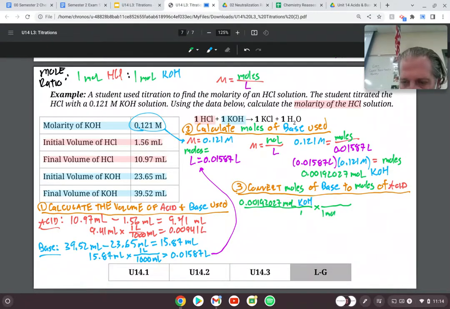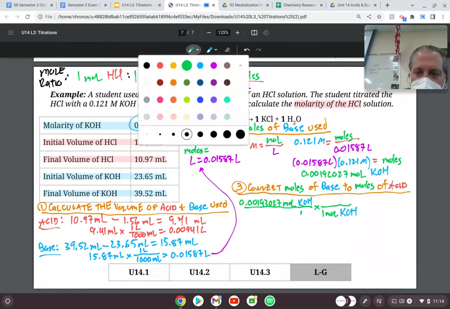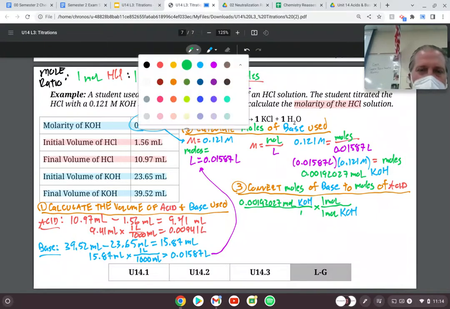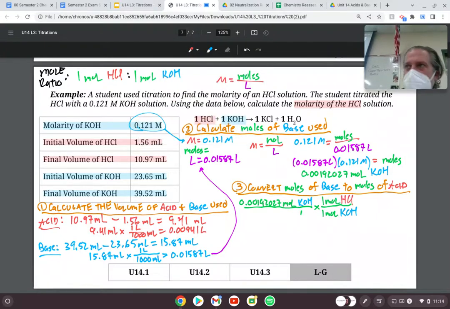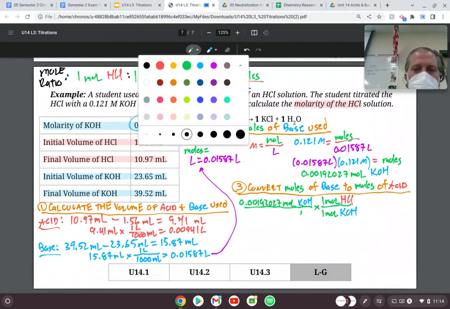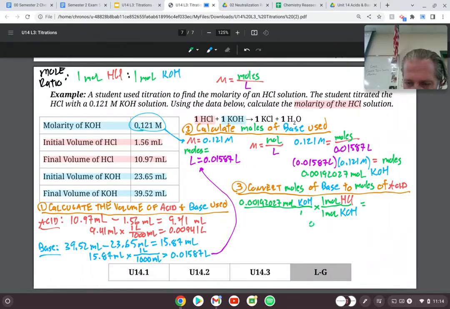So I'm going to put 1 mole of KOH on the bottom, and I'm going to put 1 mole of my acid, in this case HCl, on the top. And hopefully it should not come as a surprise to you, because when you multiply across the top and the bottom and then divide, you're going to end up with literally the same answer. It's just going to be HCl. So you're going to have something like 0.00192027 moles of HCl.